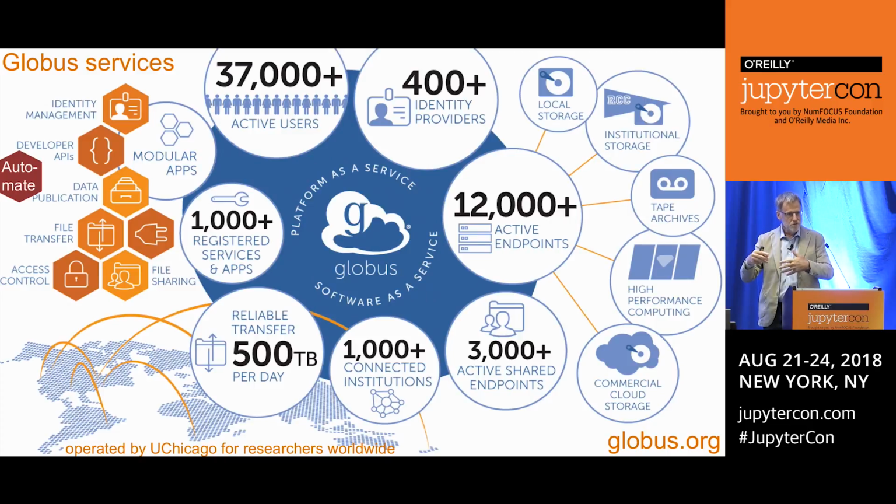You can ask it to publish data, to allow people to access data, to transfer data from one place to another, and so on and so forth. A whole set of powerful capabilities. And as you can see, there's lots of nice stats. We've got, I think, 100,000 registered users. Tens of thousands of them are active at any one time. 1,000 services have been set up to use Globus authentication mechanisms and so forth.